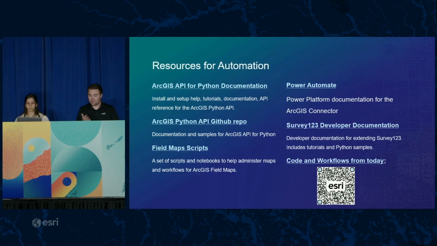The Survey123 team also has developer documentation with a number of tutorials and Python scripts that may help with automating tasks that, as a Survey123 user, you may find interesting. And then we have a little QR code at the bottom. Laura's notebook, as well as those Power Automate flows, we've exported and uploaded to a GitHub repo. So if you're interested in those, there's a little QR code to access that.